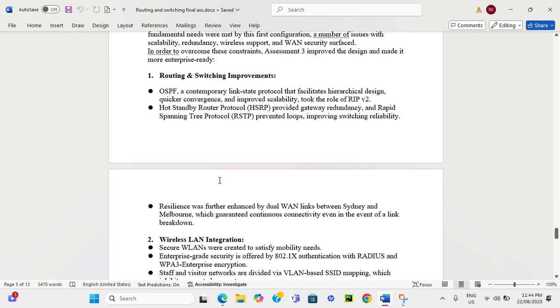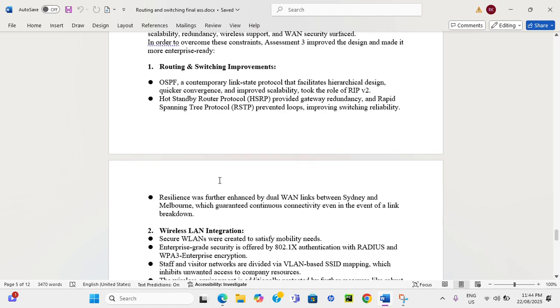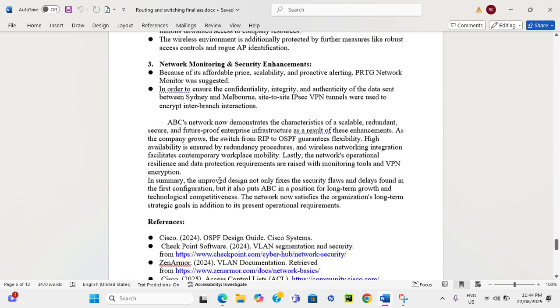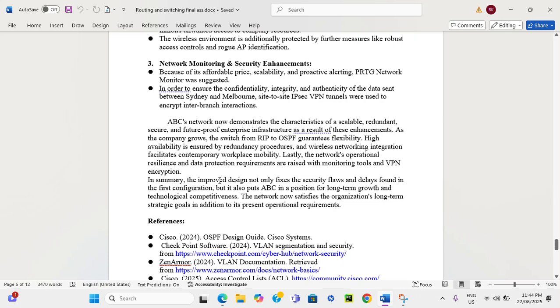Proactive management and visibility are provided by PRTG monitoring, and last but not least, secure communication between branches is guaranteed by IPsec VPN.